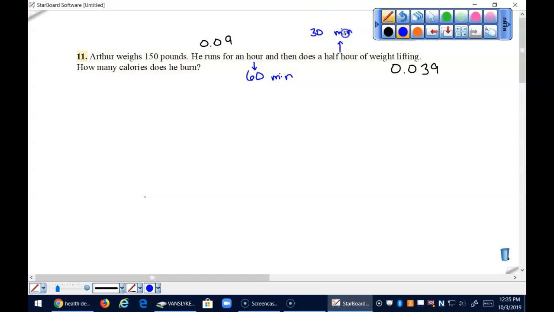What I like to do is set up the formula on the page so I can look at it. So I do weight times minutes times factor. Then plug it in. It used to be that when I wiggled, the dots would get bigger, but it's not letting my dots get bigger.